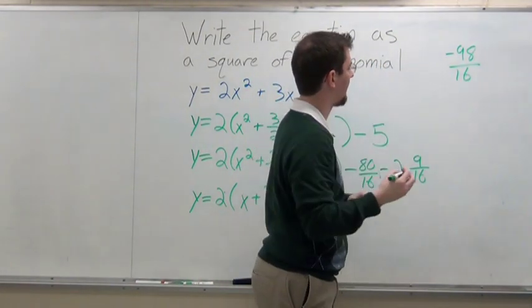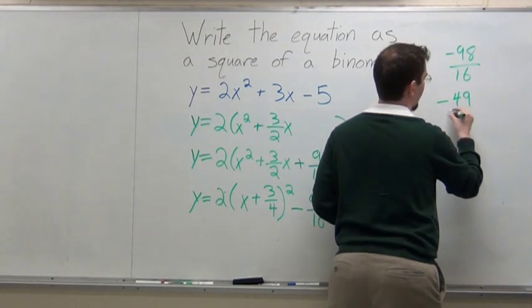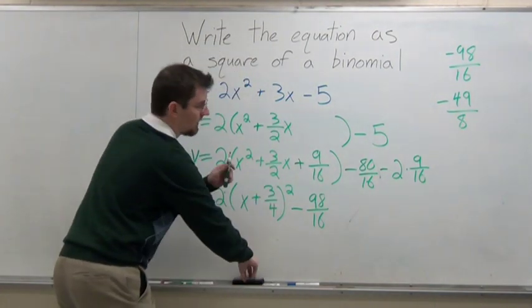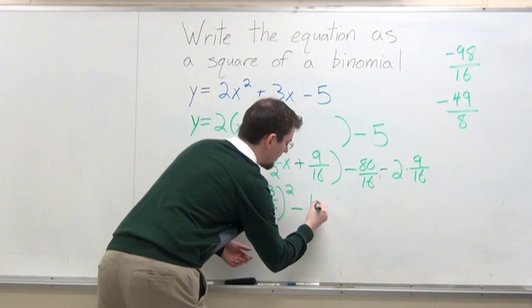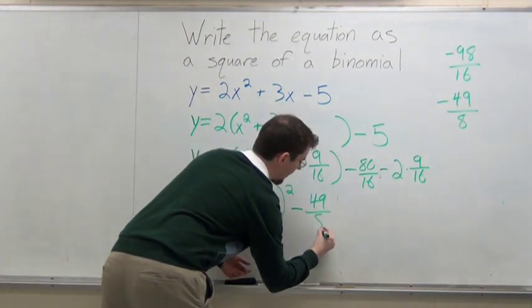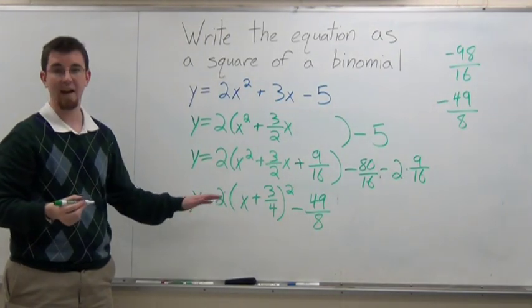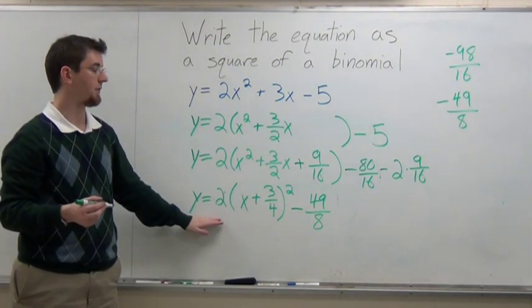I can divide that by 2. And that's my reduced fraction. And that's my final answer. It has fractions, and that's okay. I still follow my steps and did it using completing the square.